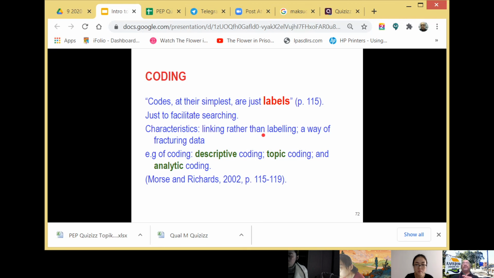You have one or two sentences, you highlight it, and you try to conceptualize it. What does the paragraph or the sentence show? What does it mean to you? So you need to write down the coding. You want to label the phenomenon.